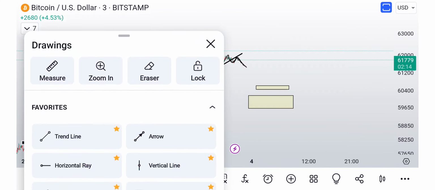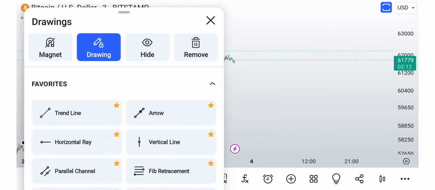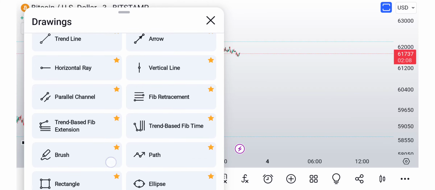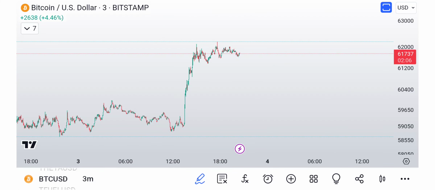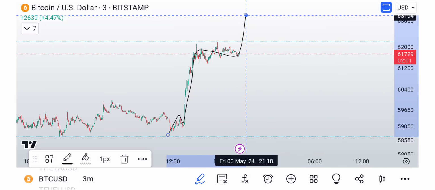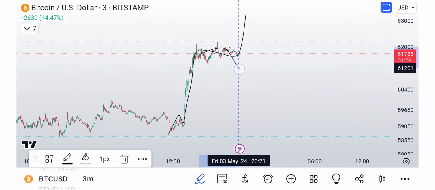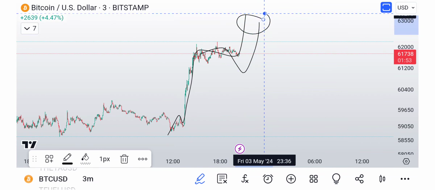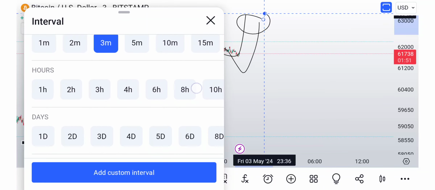This could be a fourth wave. Now, always know that too. And I kind of like it as a fourth wave, because this third wave looks pretty impulsive. We have 1, 2, 3, 4, and then we get 5. Right? So maybe we come down a little bit, then we get 5. So that would be nice to see. If we can get that and end the day up here, that would be very, very nice to see.